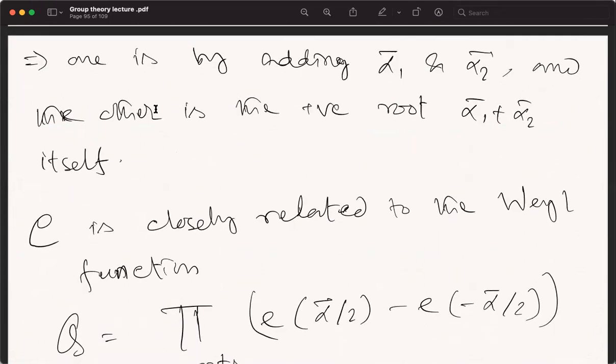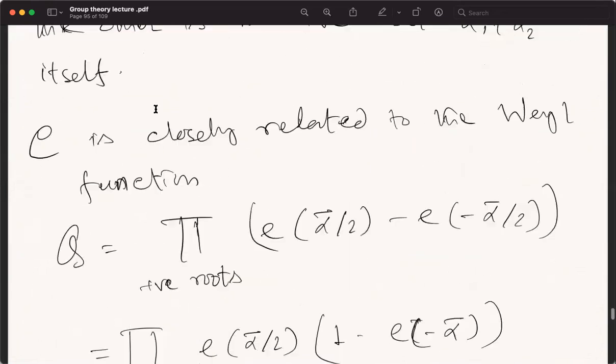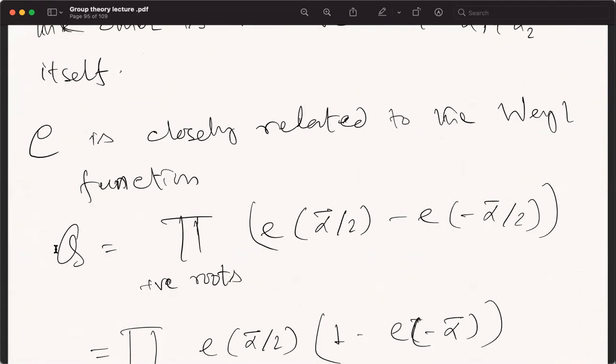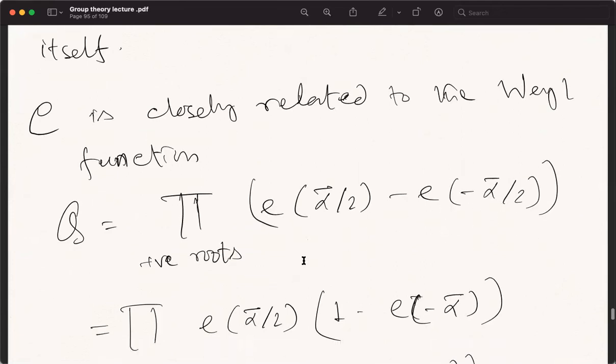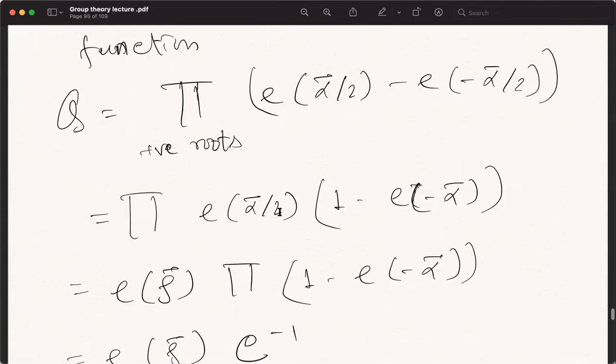So now C is closely related to the Weyl function. The Weyl function Q is defined as the product over the positive roots of e to the power alpha by 2 minus e to the minus alpha by 2. Where you can take out this e alpha by 2. While taking it outside the product, you get e to the sum over the positive roots of alpha by 2.